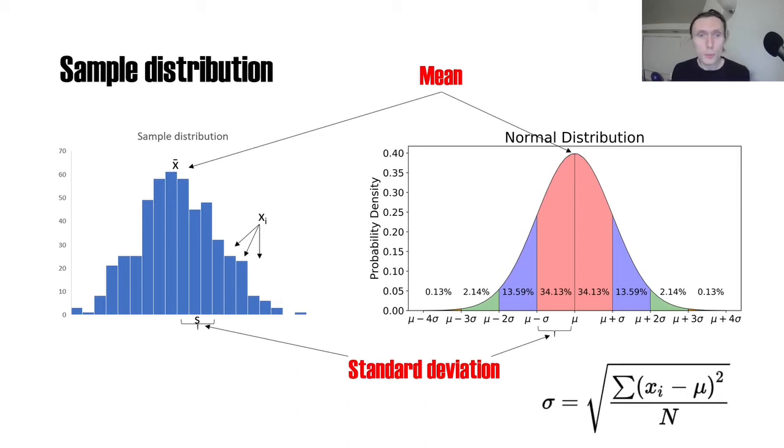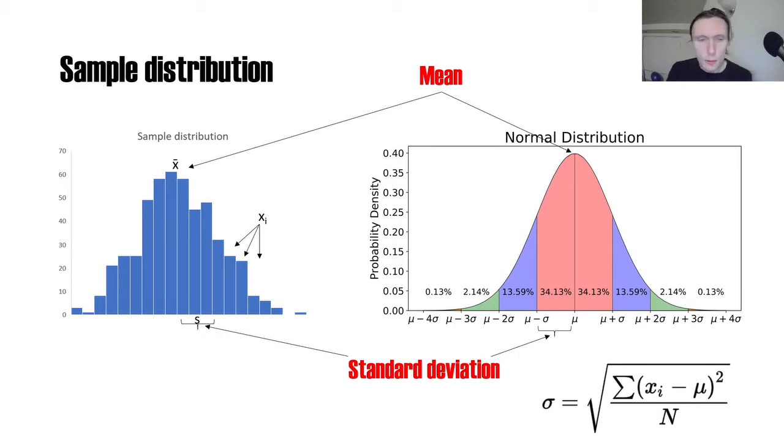So for example, in our sample distribution, if we know that a certain observation is 2 standard deviations above the mean, then we know that this is somewhere around the 97.5% observation. Now, you would say, okay, why is that important? Well, we come back to that in a minute.